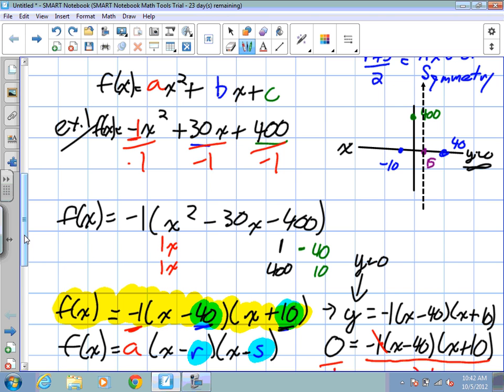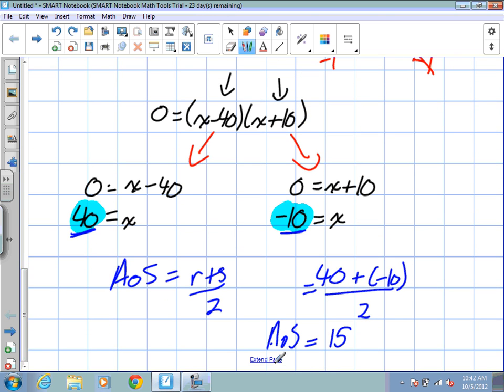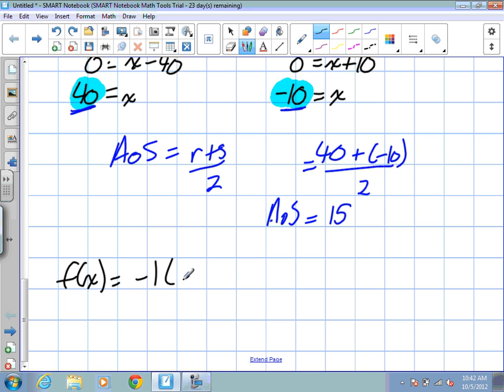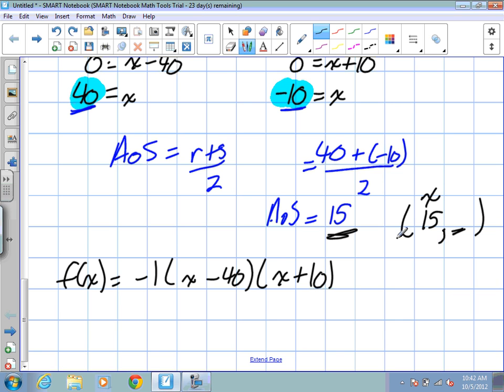The factored form of this equation, f(x), was equal to -1(x - 40)(x + 10). I'm going to take this axis of symmetry, which, like I said, is the x value of the vertex, and we're going to use it to find the y value. So I'm going to replace both x's in here with the value of 15.